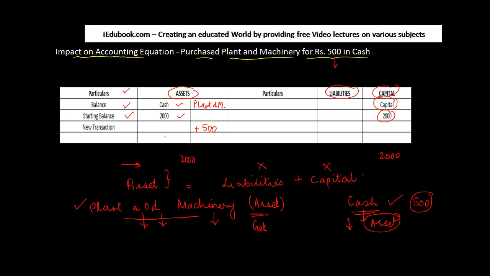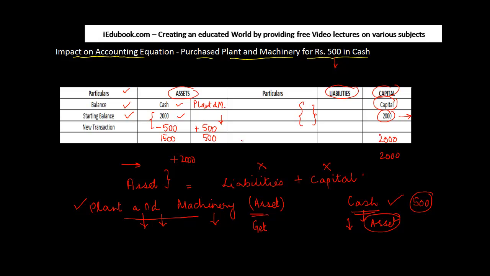The existing balance that I had for cash is going to be reduced by 500, right? Once this balance is reduced, what will happen? Instead of 2000, I will have 2000 minus 500, or 1500 worth of cash. I will have a new asset in the form of plant and machinery for 500. My liabilities plus capital side, or the other side of the accounting equation, remains unchanged. There is no change here.